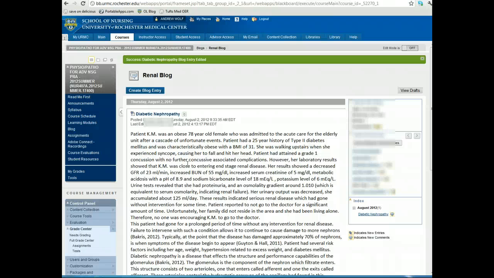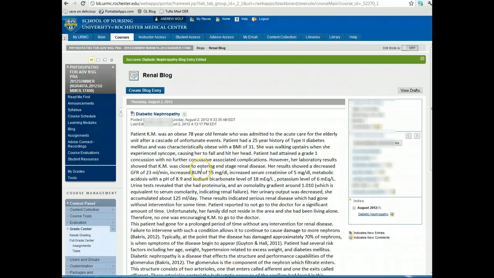Obviously, this relates to the topic that we were discussing in the course at the time. So during the week in which we studied the renal system in our physiology and pathophysiology course, this student chose to focus on a patient that had diabetic nephropathy.